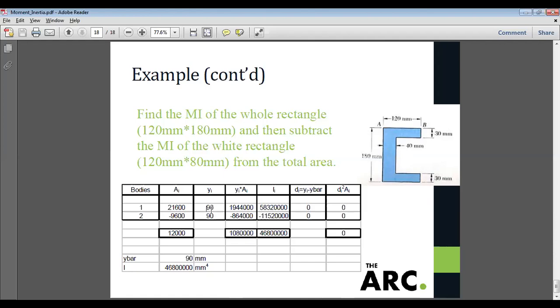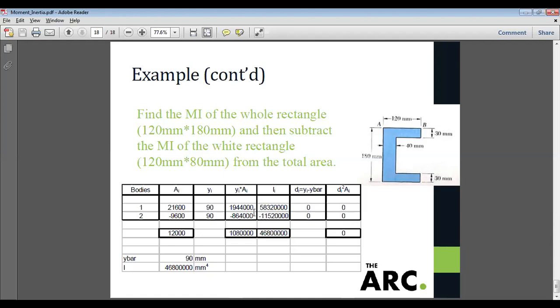So we'll multiply 21,600 by 90, which gives 19,44,000 millimeter cube. And similarly, multiplying 9,600 with 90 will give us minus 86,400.